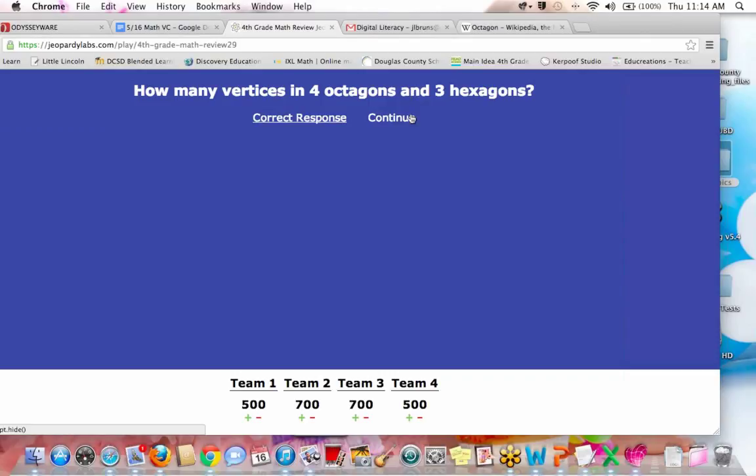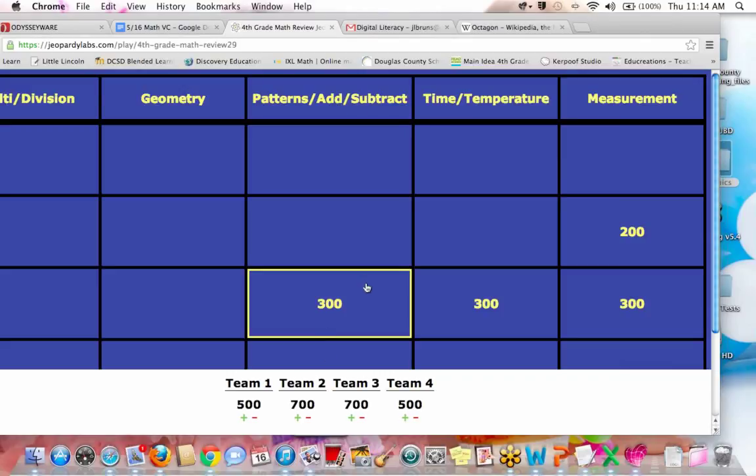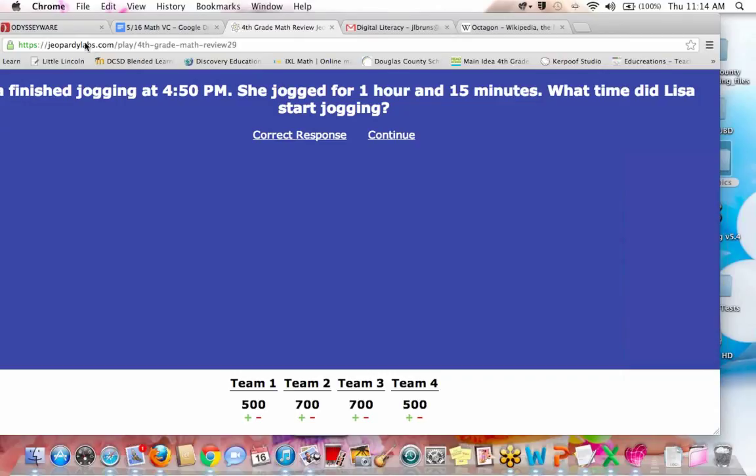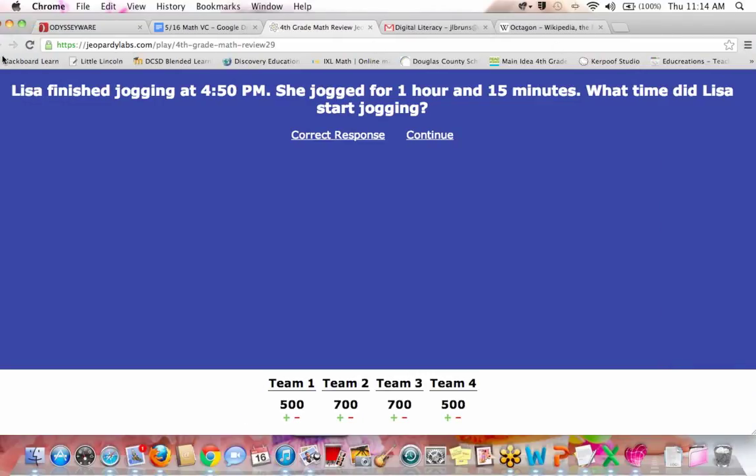Let's do another time and temperature. Lisa finished jogging at 4:50 p.m. She had jogged for, wow, my gosh, 1 hour and 15 minutes. What time did she start jogging?